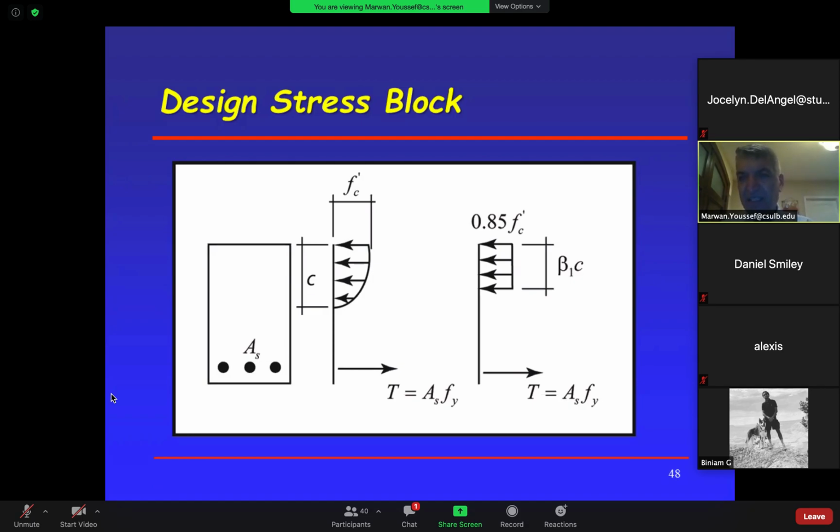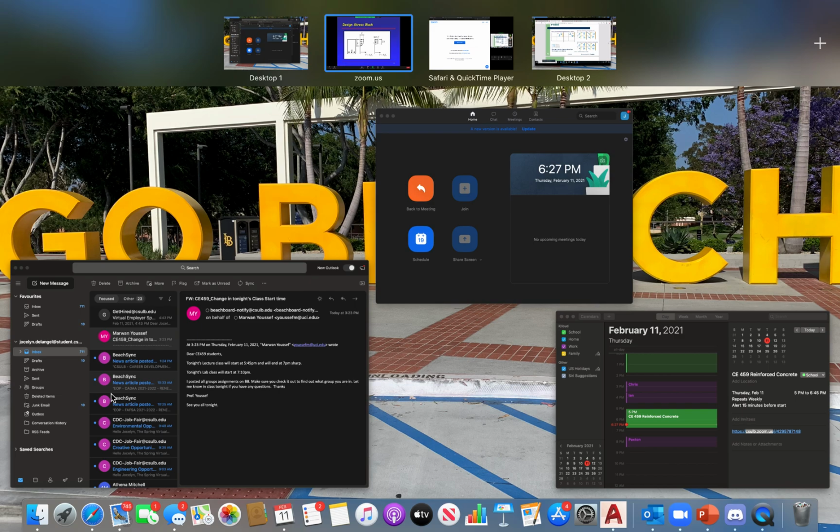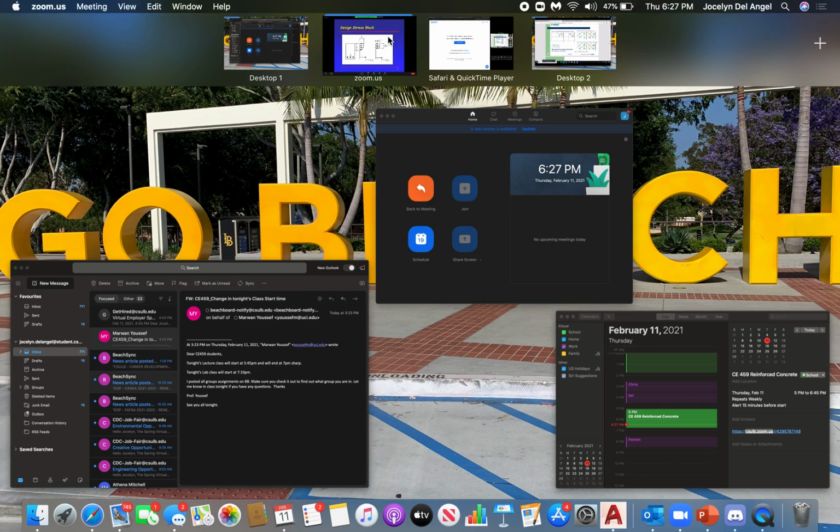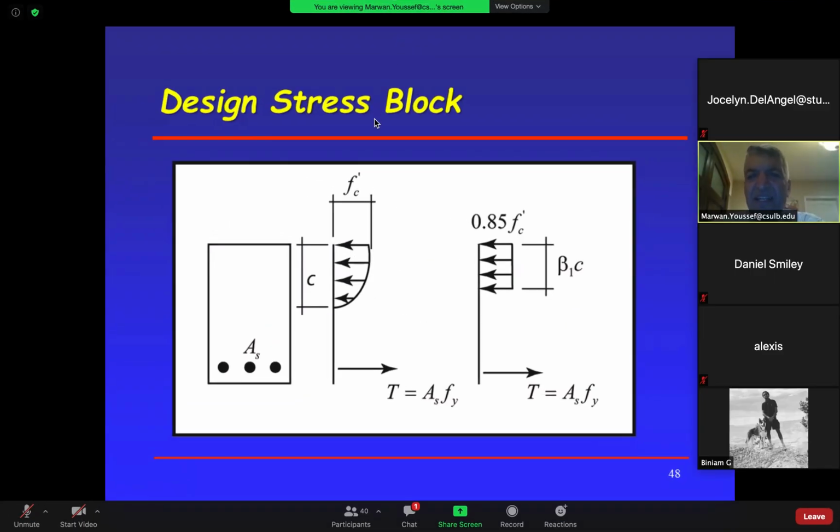You can tell he did something like this and tested it experimentally to show that this is really equivalent to that. And look at this, this is in the early 1900s, and it is still valid till today. With all the technology, with all the research, nobody can prove him wrong yet.